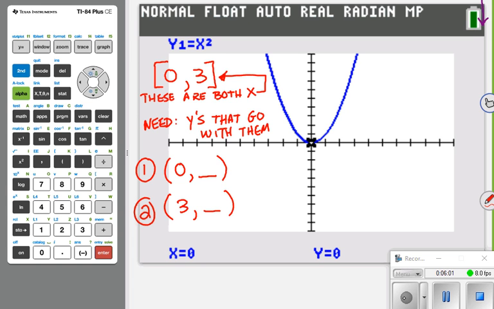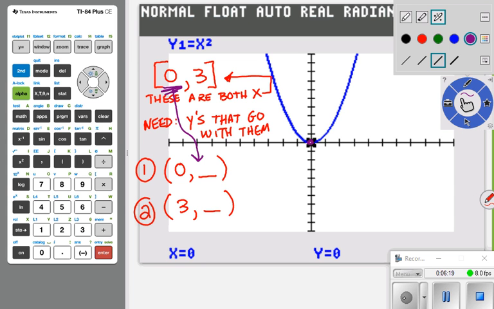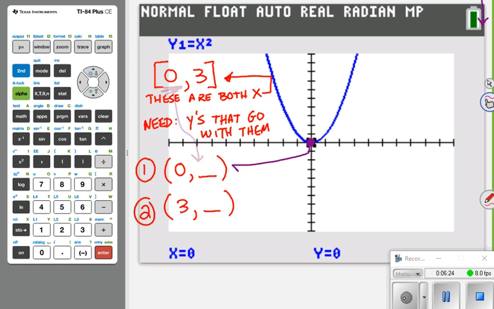Okay, and what we need to do is figure out if 0 is my starting point, what's the y that goes with it? Well, if I put 0 in for x, I get 0 for y, right there on the curve. So the first point is going to be 0, 0.